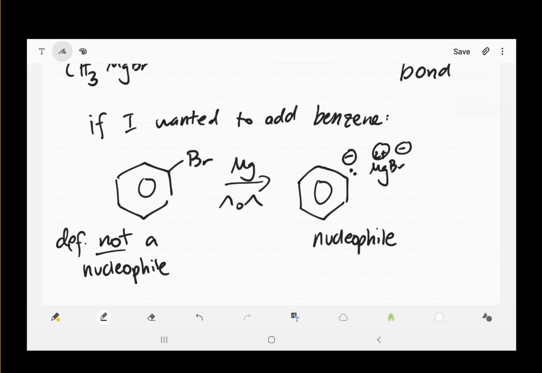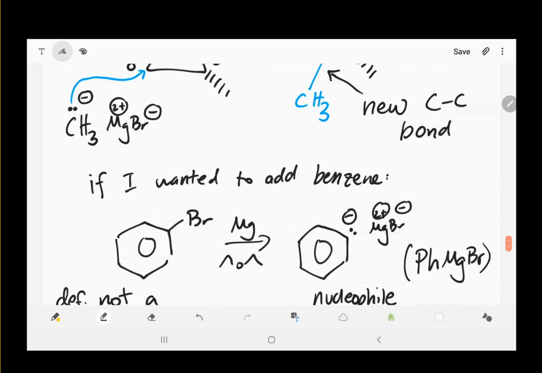So you might say that this one is phenyl magnesium bromide. Just like before we had CH3 MgBr, this is just phenyl of the same thing. So Grignard reagents are a way to make new bonds there.